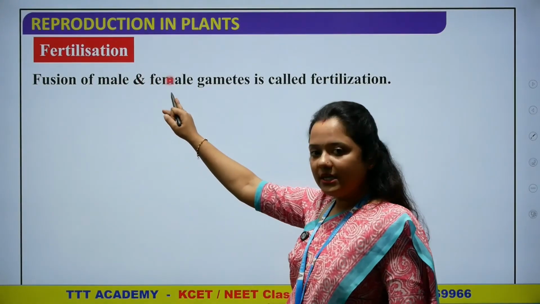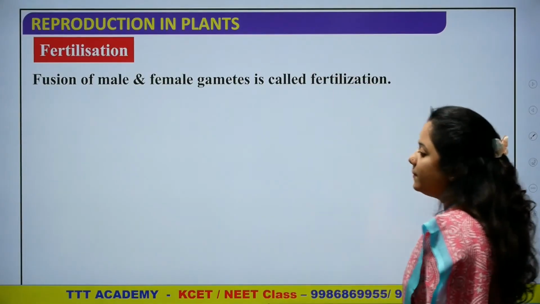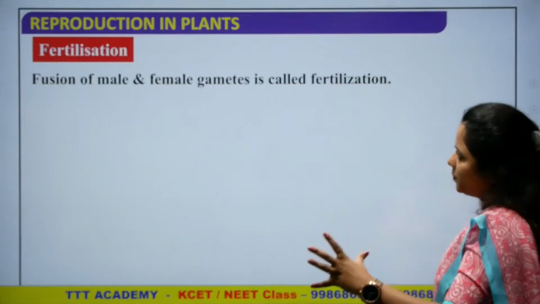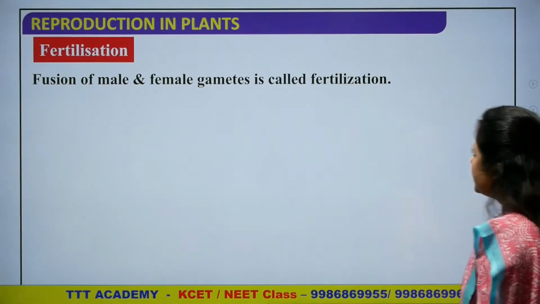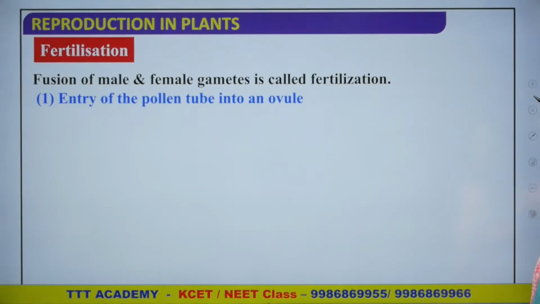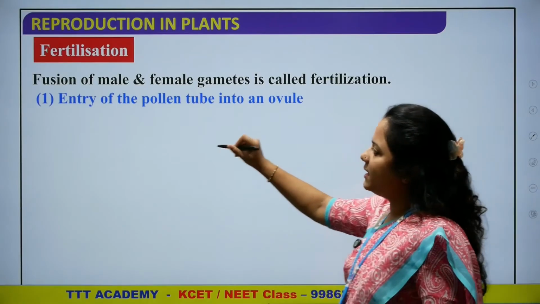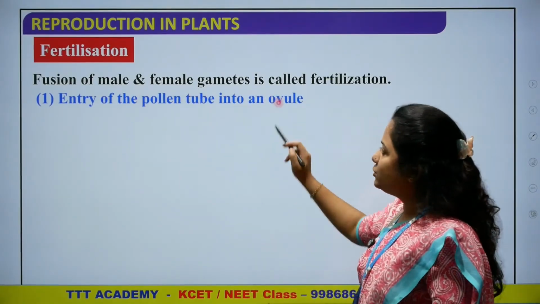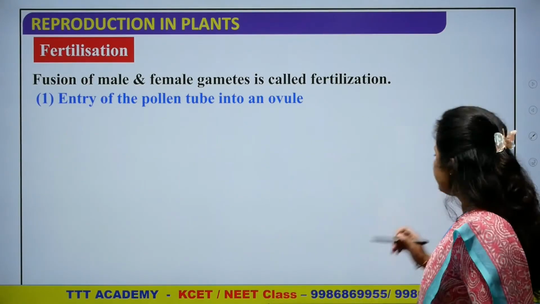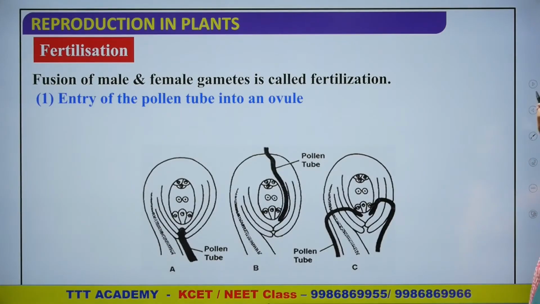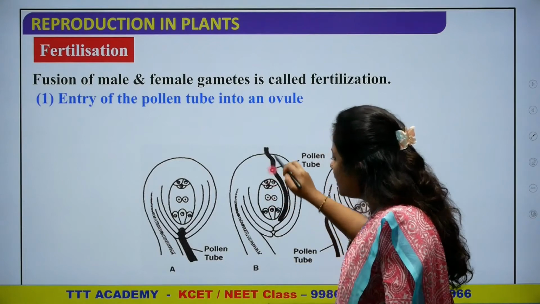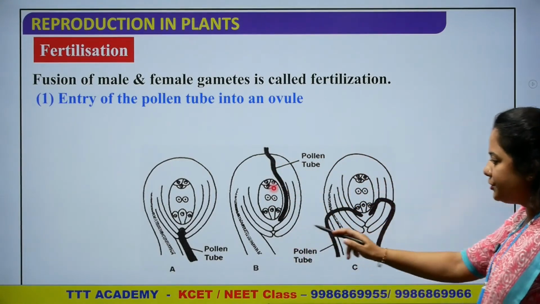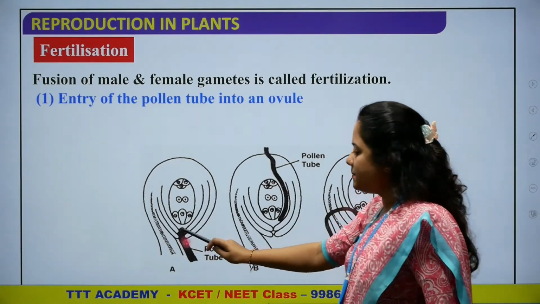So in fertilization, both the male and female nuclei fuse and form one nucleus, correct? It is the zygote. The process is called fertilization. So the first step is entry of the pollen tube into an ovule. Then see, the pollen tube is moving towards the direction of the egg. The pollen tube is moving towards the micropylar end.